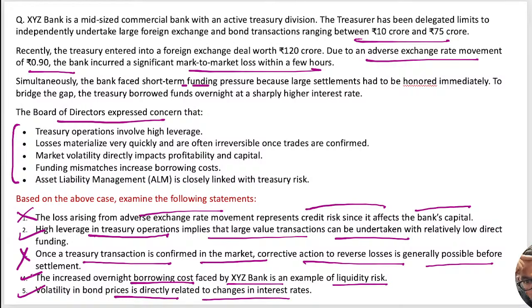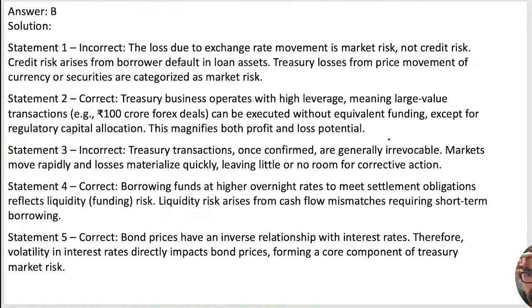So 2, 4 and 5 should be the right ones. Yes, so 2, 4 and 5. The third statement is wrong. Treasury transactions once confirmed are generally irrevocable in nature. The loss due to exchange rate movement is market risk, not credit risk, right?